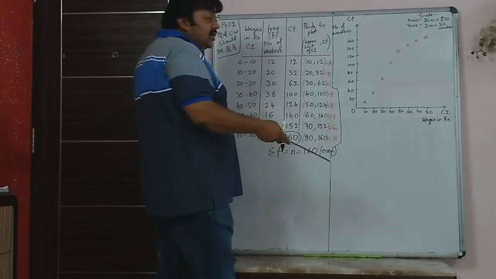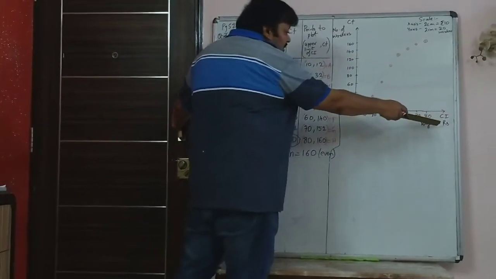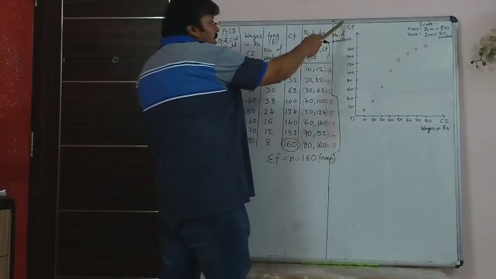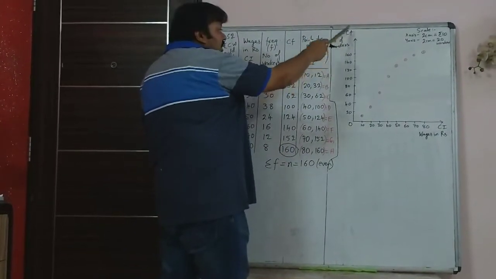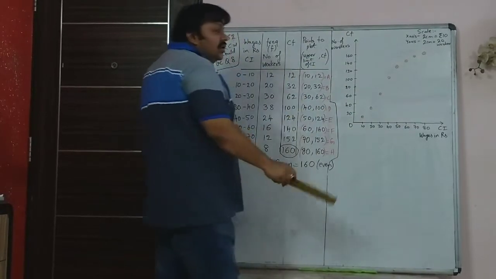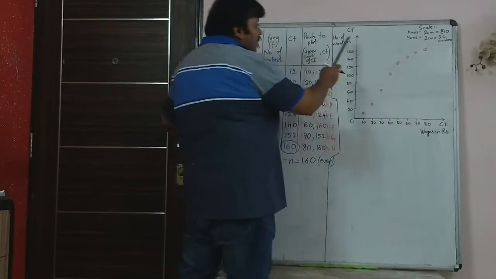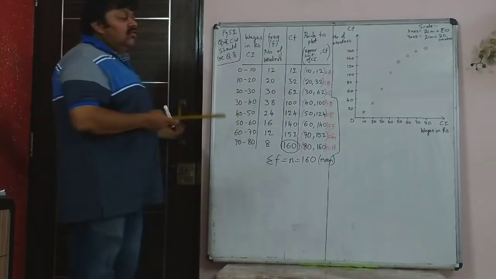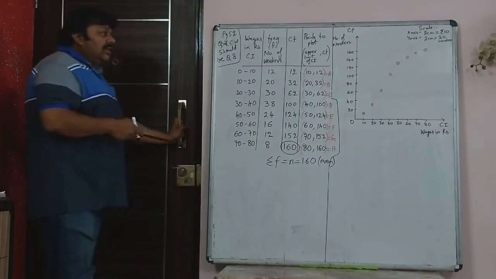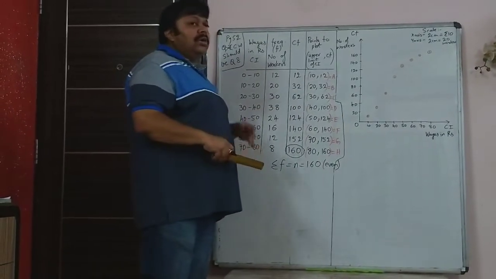If I don't write the scale and if I don't show the class interval, wages in rupees on the x-axis and the cumulative frequency, number of workers on the y-axis, I lose marks. So scale is most important. What you have taken on the x and y axis, to show that is also very important. So the first point is 10 comma 12.